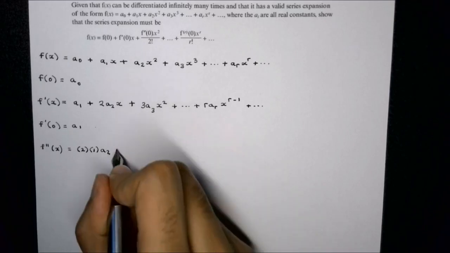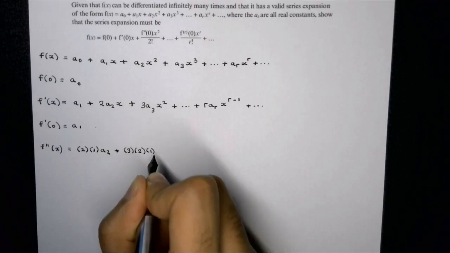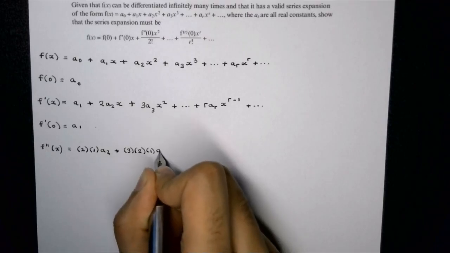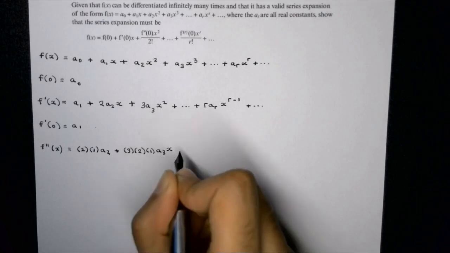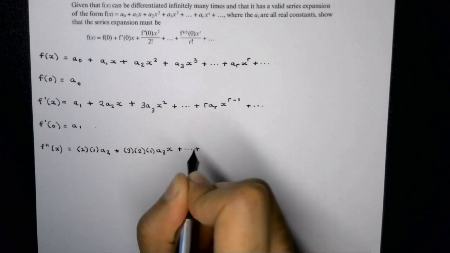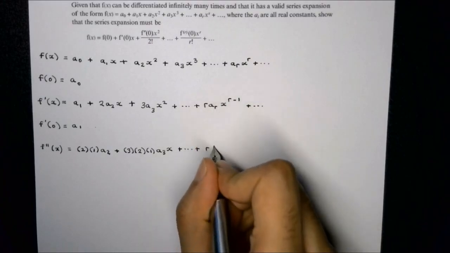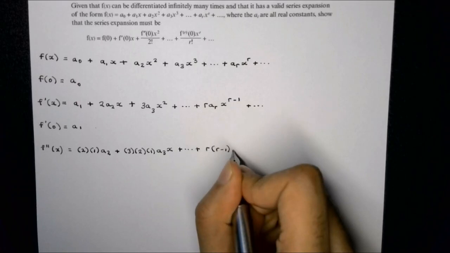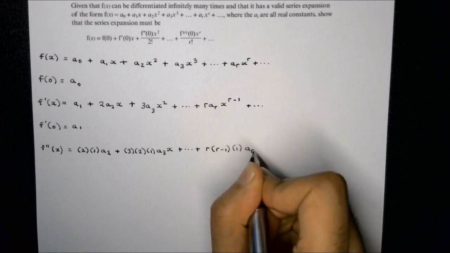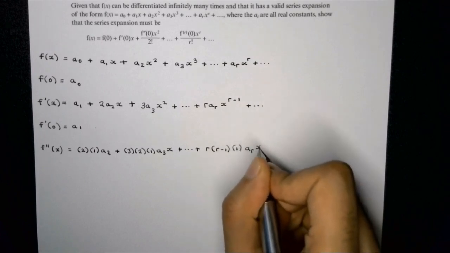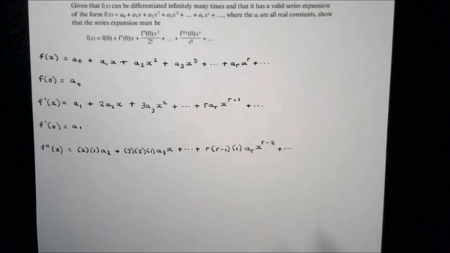And I'm going to rewrite this as 3, lots of 2, lots of 1, lots of a3, lots of x. And then we can continue on with the other terms. So if we differentiate this result over here, we'll end up with r, lots of r minus 1, lots of 1, lots of ar, lots of x to the power of r minus 2. And then of course we can continue with the other terms.